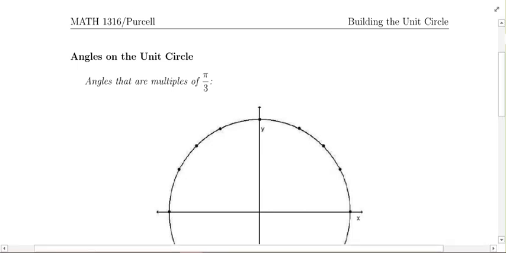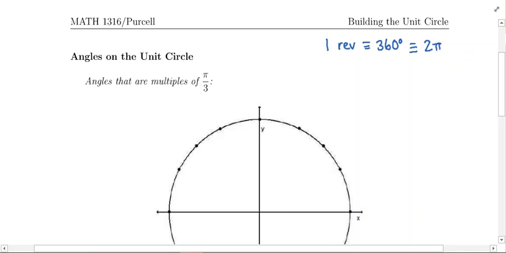What have we learned so far in this class? We know that when you're dealing with any circle, not just the unit circle, one revolution is equivalent to 360 degrees, and 360 degrees is equivalent to 2 pi radians.